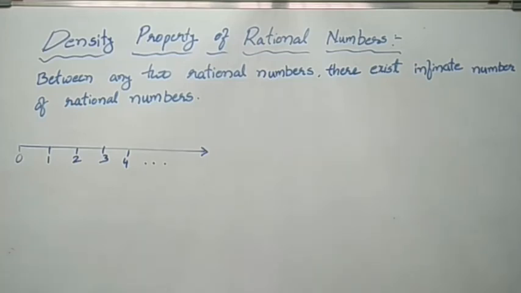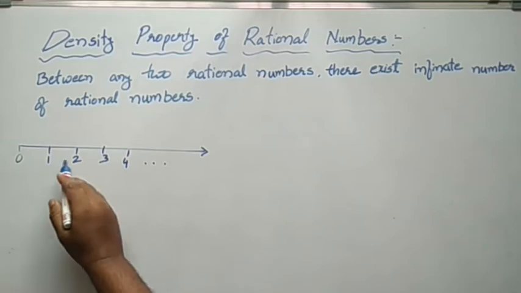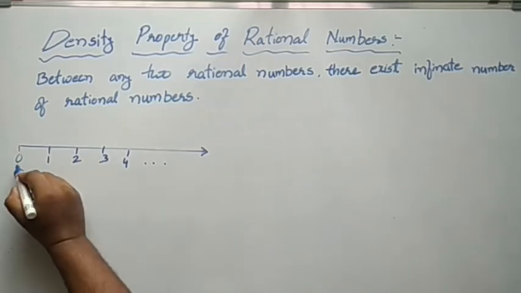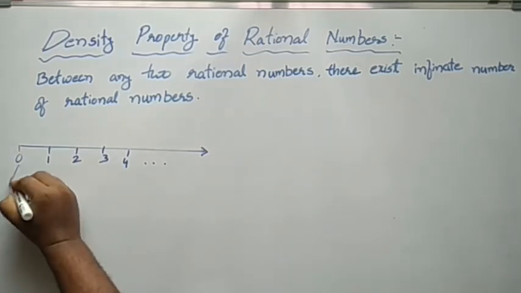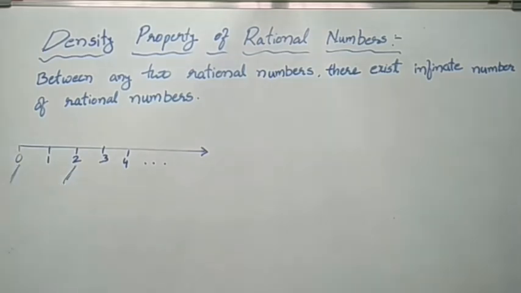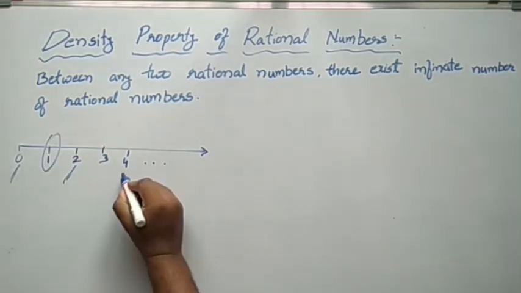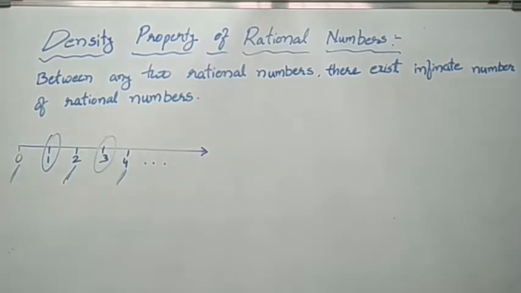If we take whole numbers, starting from 0 onwards, 1 2 3 4, going on up to infinity, in between 0 and 2, 1 is there, in between 2 and 4, 3 is there.